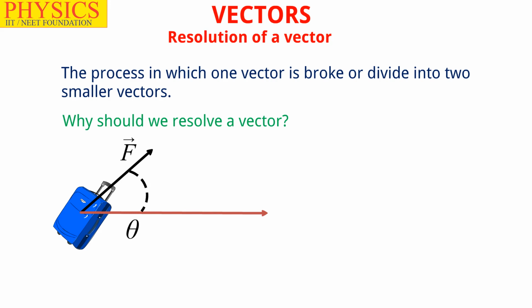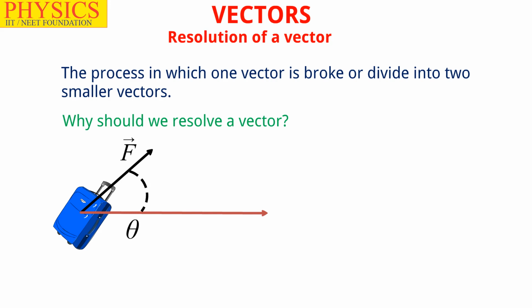We know one thing. To move an object, we need some force. As the suitcase is moving in the horizontal direction, that means the force is acting in the horizontal direction also.